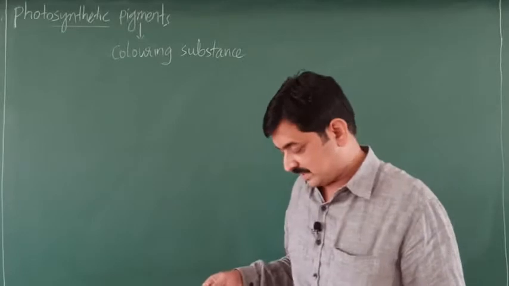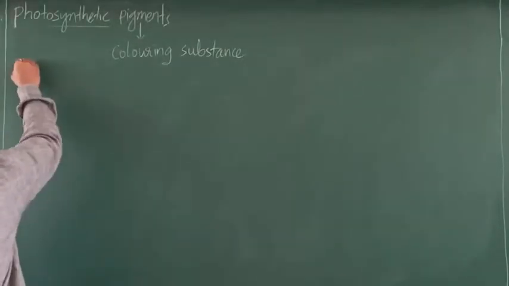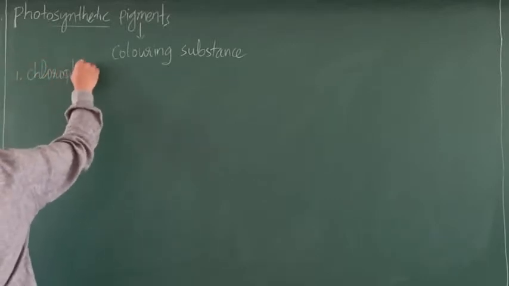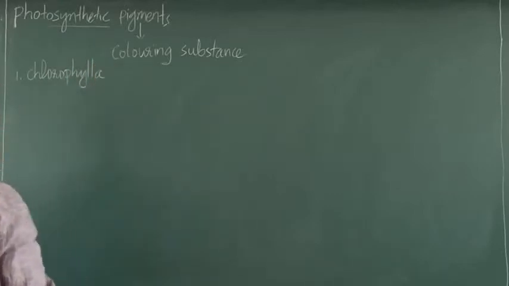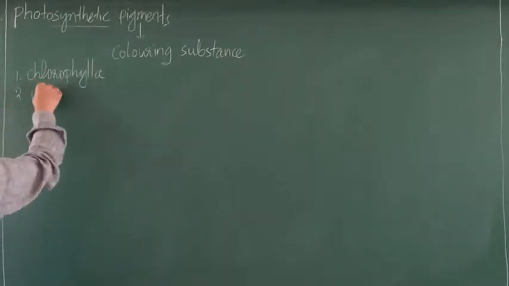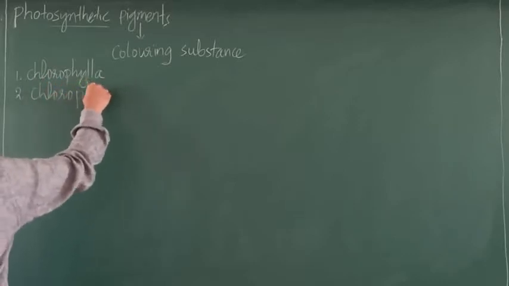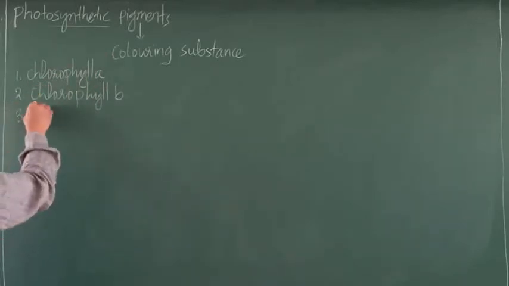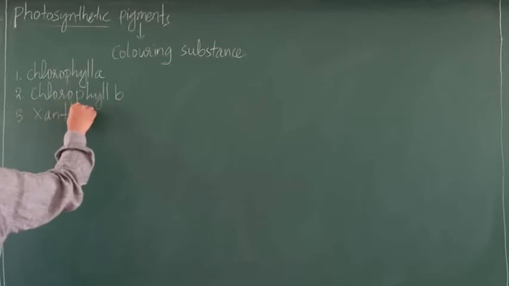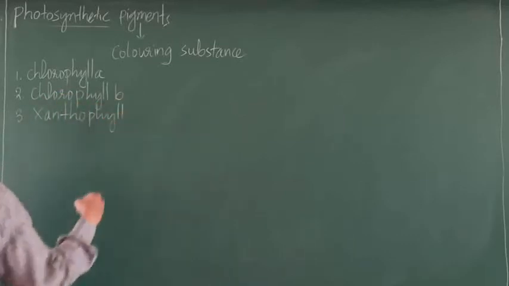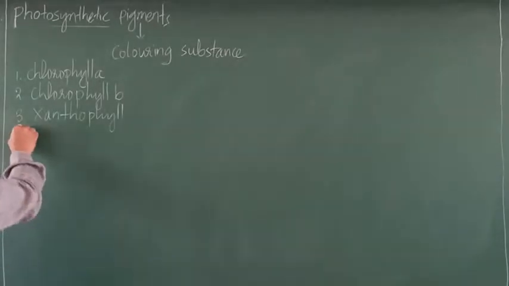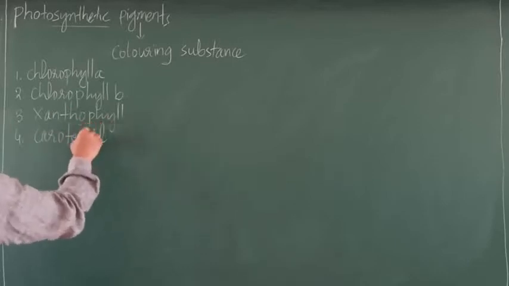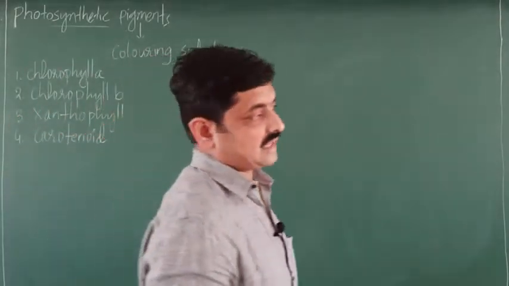So these photosynthetic pigments, they are of different types, such as one is the chlorophyll A, chlorophyll B, another one is the xanthophylls, and another one is the carotenoid.